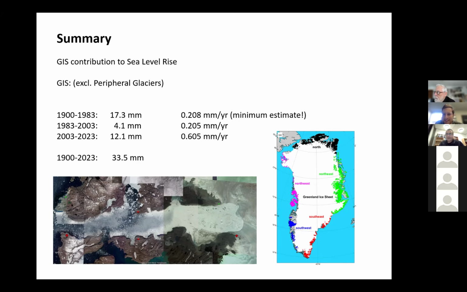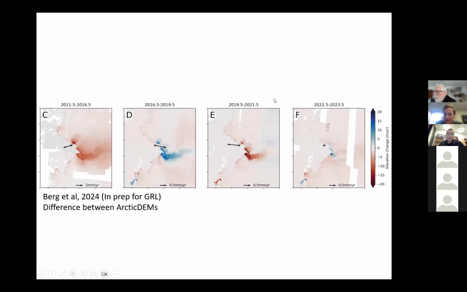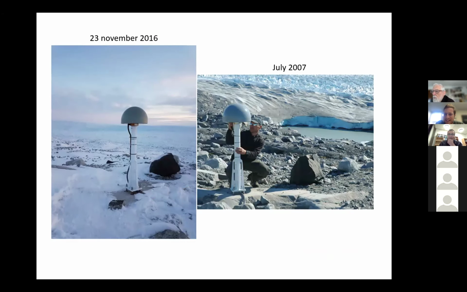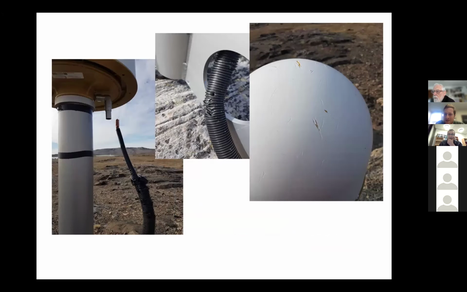Yes. Any other questions? I had a question about your altimetry data. The seasonal variability seemed to be a little larger than GrIS. I was wondering if that might be due to variations in density that you're not capturing.